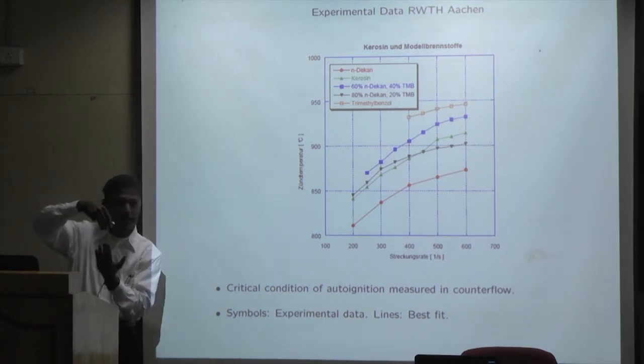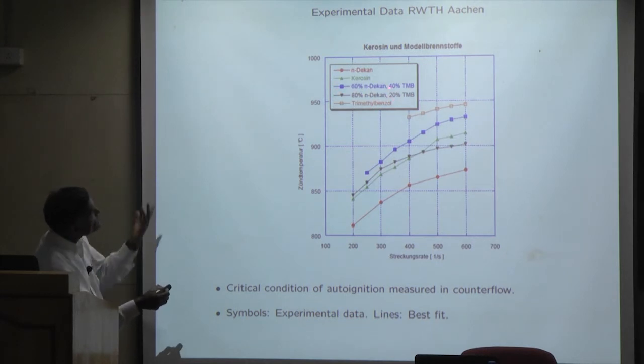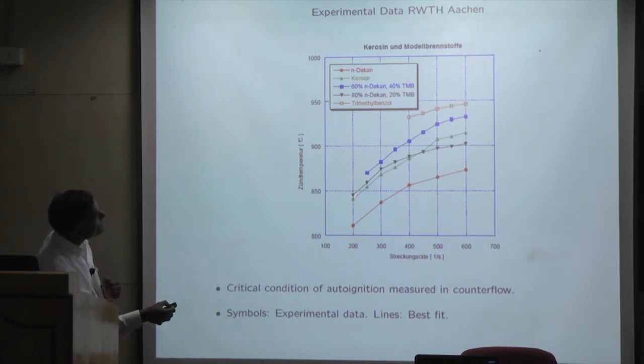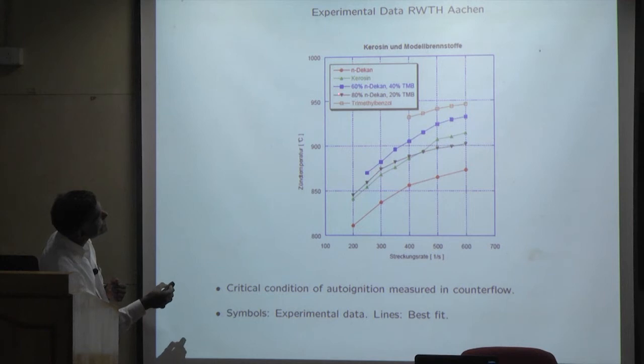Again, these are counterflow flames, and these are mixtures. This is decane. It turns out that in Aachen they have developed what we call the Aachen surrogate. The green is kerosene, and this is the Aachen surrogate, which is made of 60% decane and 40% trimethylbenzene. And this is the Aachen surrogate with 80% decane and 20% trimethylbenzene.